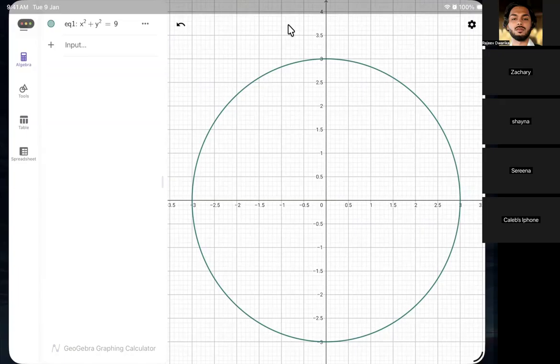If the length of the radius is 0, then it would be a dot. It wouldn't be a circle. What's the radius? Remind me. The square root of f squared plus g squared minus c.